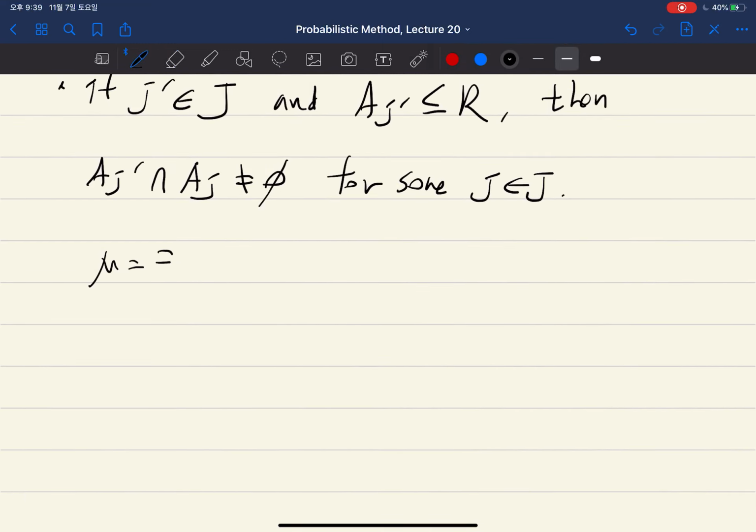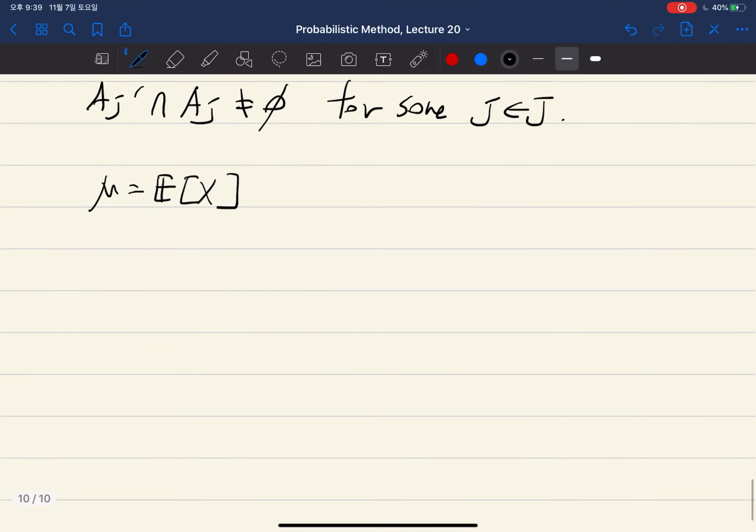Then again, mu is the expected number of X. X counts the events that occur. The lemma we want to prove is an estimate of the probability that we have a disfam of a certain size or a max disfam of a certain size.